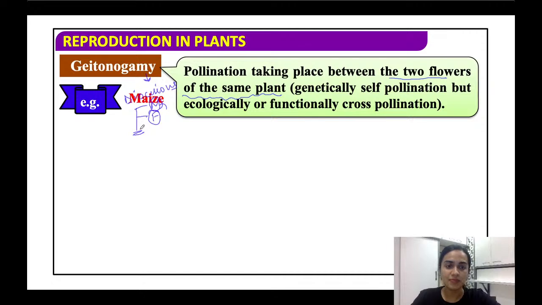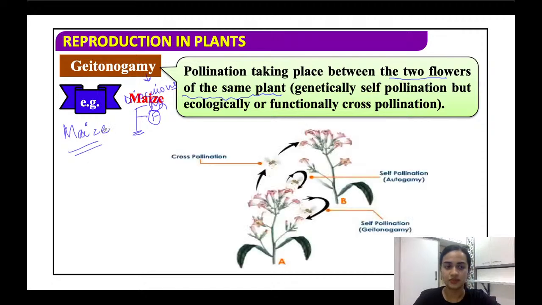The best example of this is maize. It is not visible there, I'll write it down here. So the best example is maize. This is one plant. In this figure, you can see all three types of pollination. Let us first look at a plant.